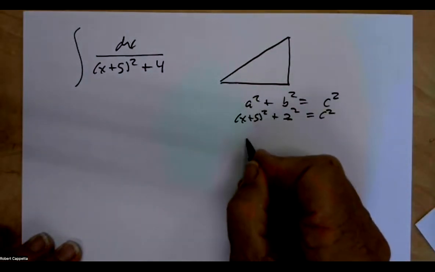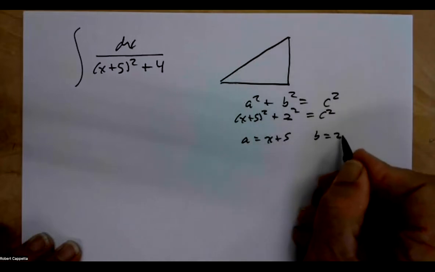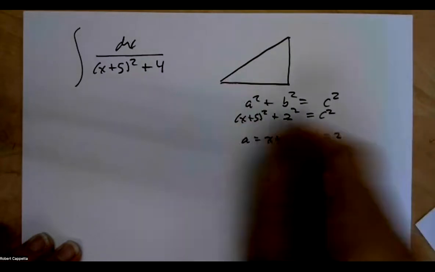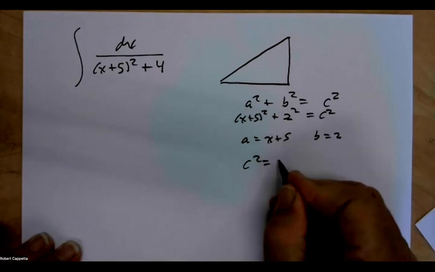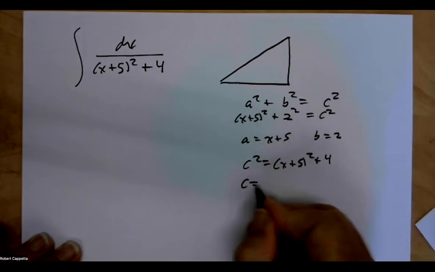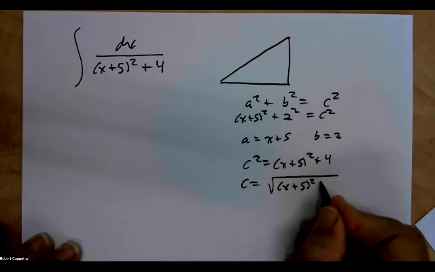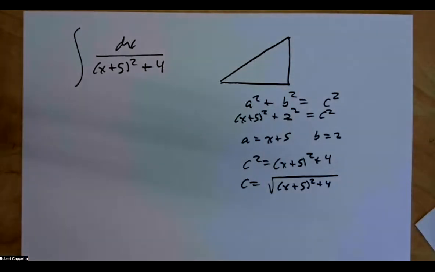So that tells me that a is x plus 5, b is 2, and we see that c squared equals that stuff. C squared is x plus 5 squared plus 4. So c would be the square root of x plus 5 squared plus 4.